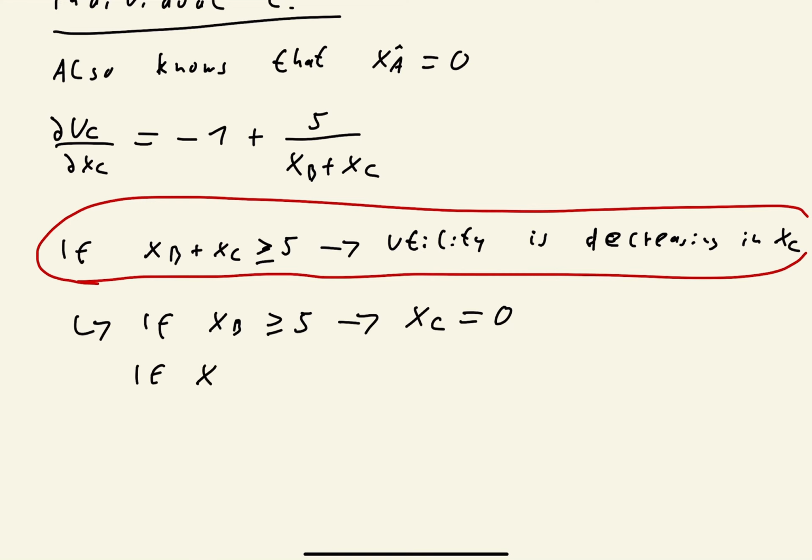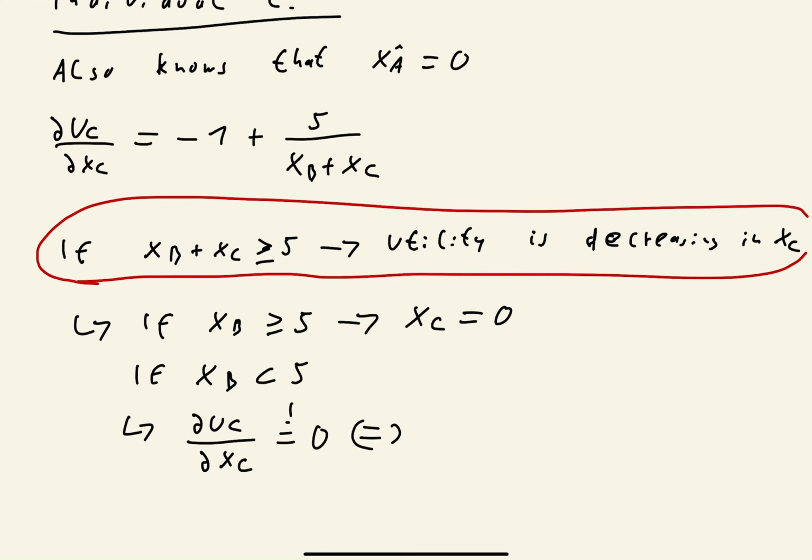If XB is strictly smaller than 5, then we can use the marginal utility and set it equal to 0. What we have been doing for individual B, we do the same thing now for individual C. So we set this equal to 0.